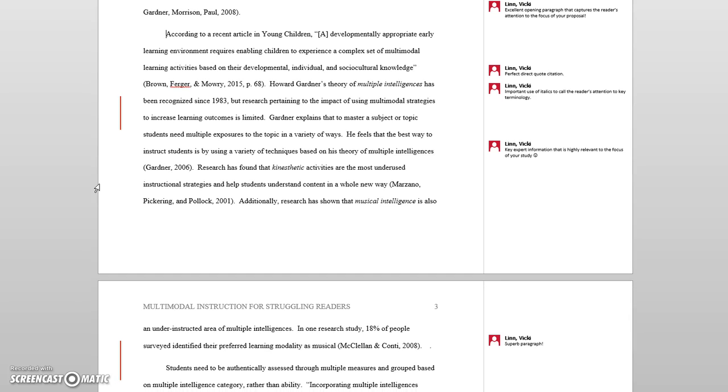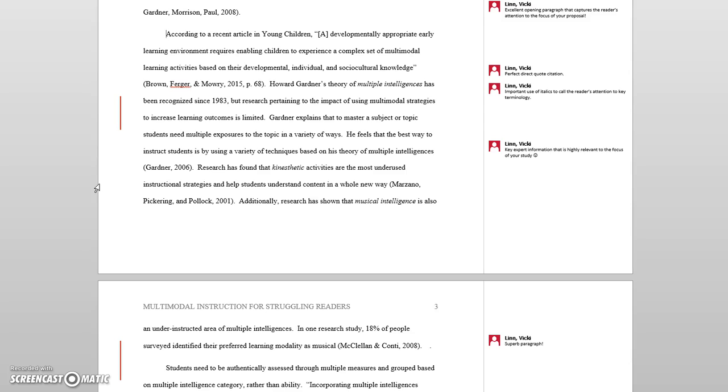You really want to try to focus on 2, 3, 4 at the most main points that you found in the review of literature that helped build your understanding of your topic, and it builds a case towards why I am going to do a study focused on this specific topic.